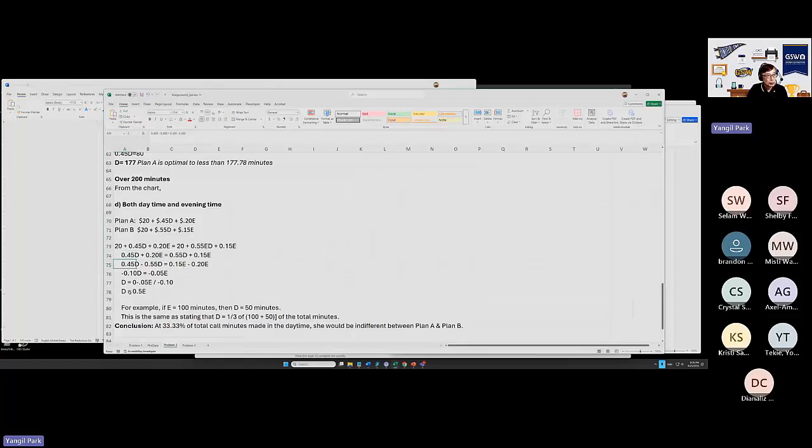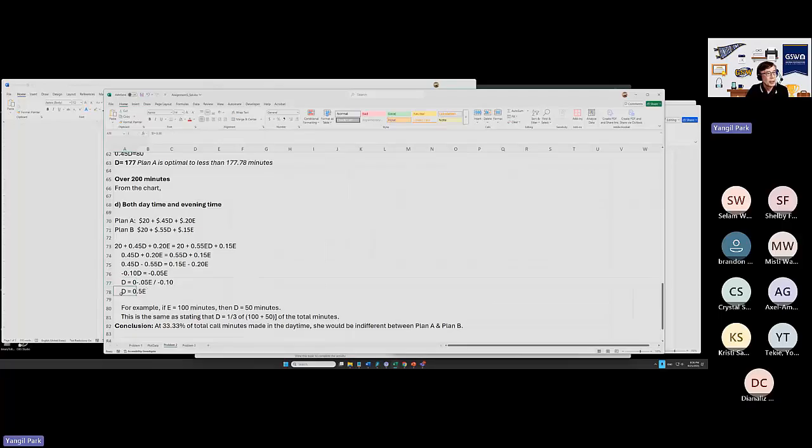So each side is set up like that, and we solve for D and E with just algebraic manipulation, if you recall. And coming down over here, D equals... is this right? I think I'm a little bit mixed up. This is a little bit weird. Yeah, it is right.